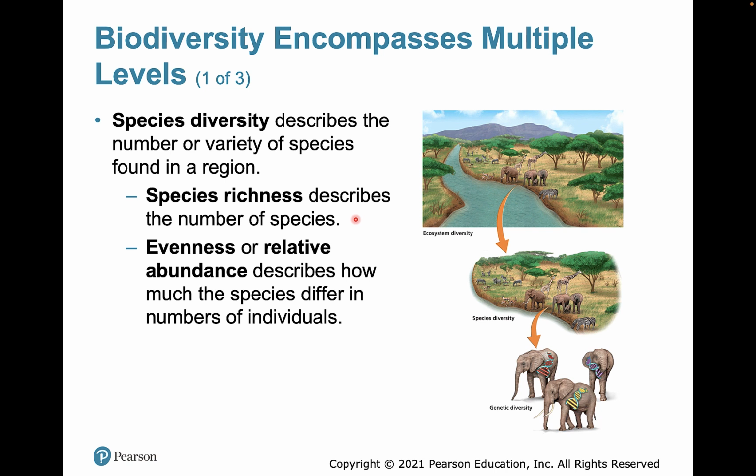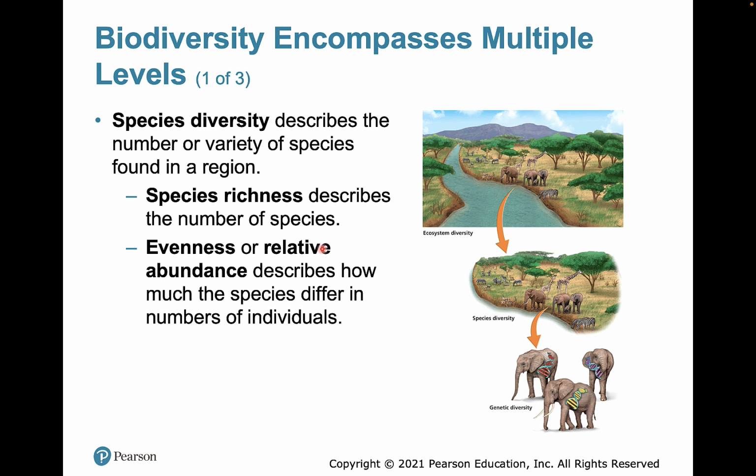Okay, species richness talks about the number of species. How many different species do you have in an area? The higher the number of different species in the area, the greater the richness. Okay, so then you have to look at, if you look at the populations of those species, the number of individuals of those species, is there a dominant species, or are they all pretty much the same?